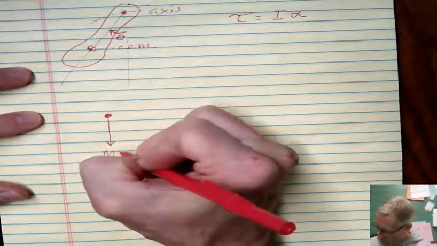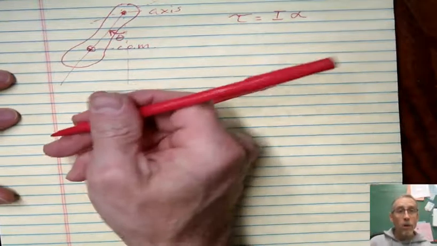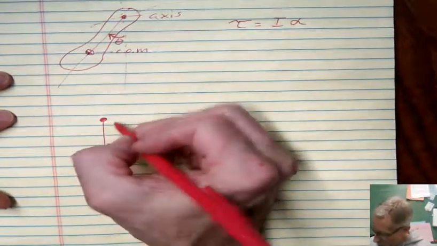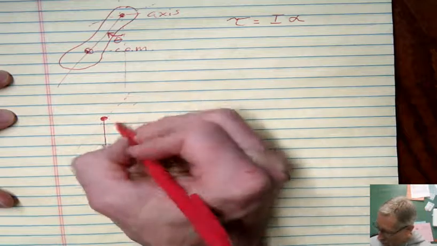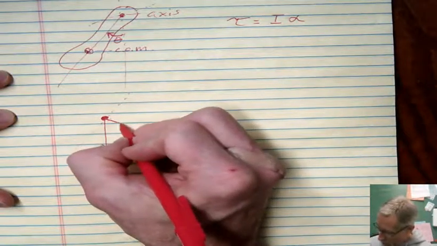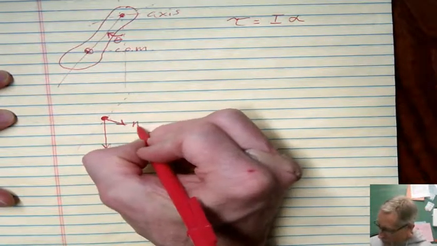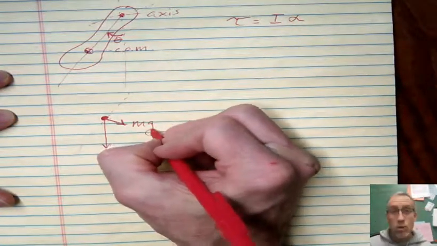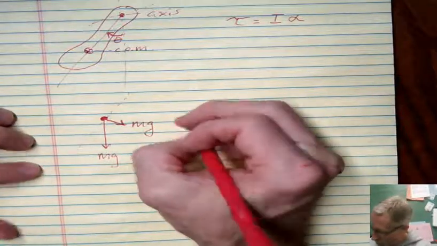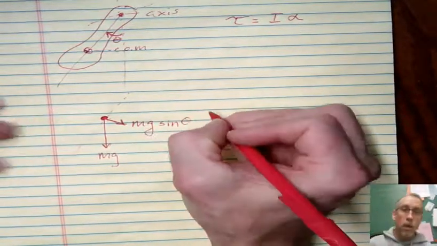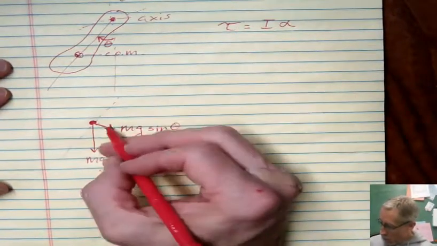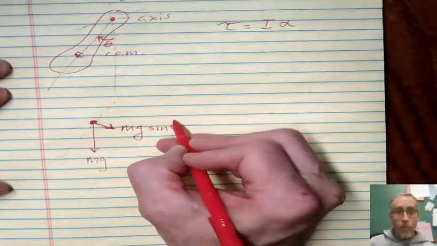That's mg. But the component depends on what angle this thing is at. So if we have it at an angle like this, then the component, and that's what we refer to as the restoring force, would be mg sine of theta, very similar to a simple pendulum. So this is our torquing force.